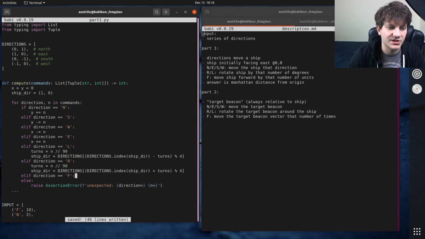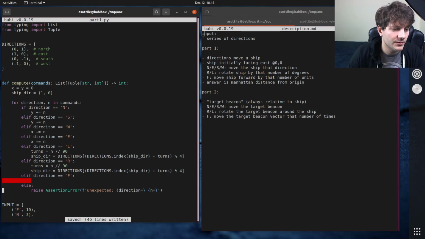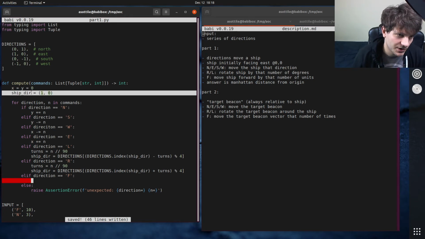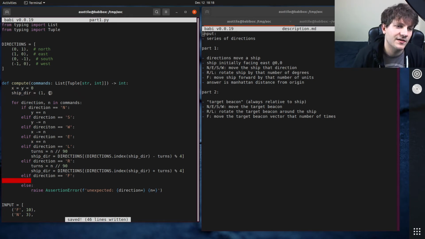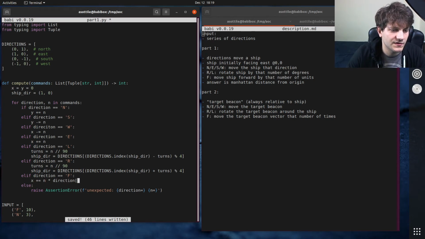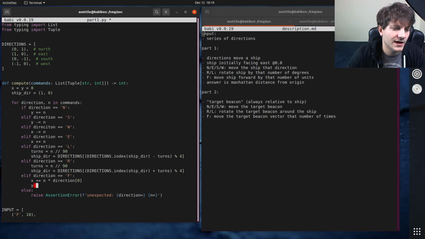That way it's easier to debug later. But for forward, what we need to do is figure out which direction we're going, and then multiply this by the n and add it to our x and y. So we can say x plus equals n times direction 0, and then y plus equals n times direction 1. And that should get us our answer there.